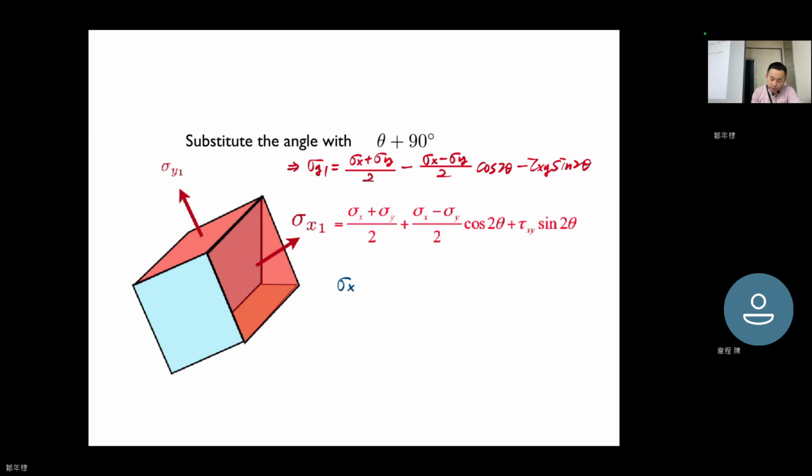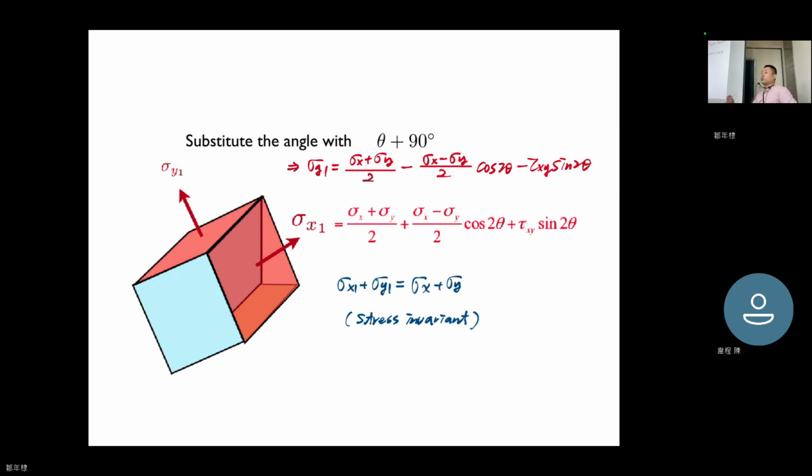Okay, so when you obtain sigma y1 and sigma x1, we can give you a new finding. Actually, sigma x1 plus sigma y1 equals sigma x plus sigma y. So we call this the stress invariant. What is invariant?